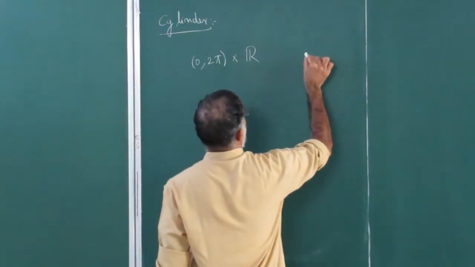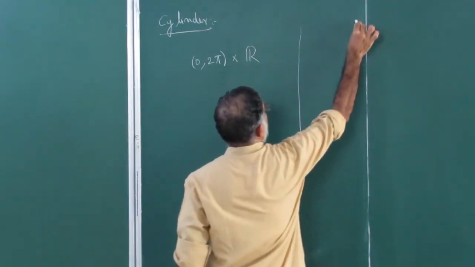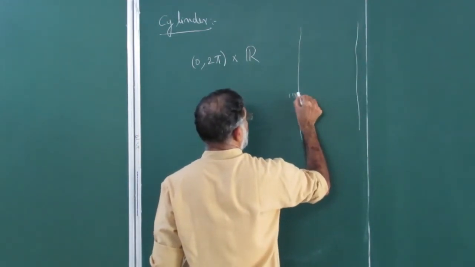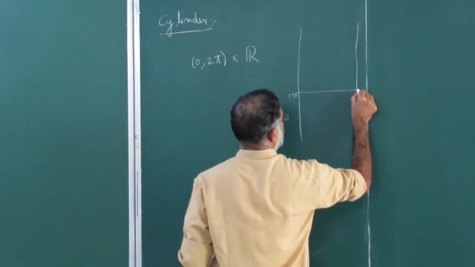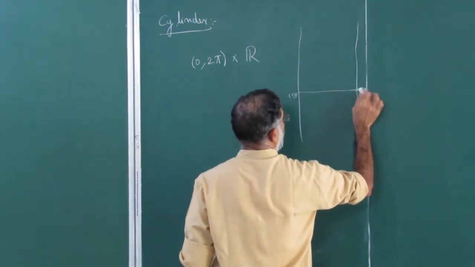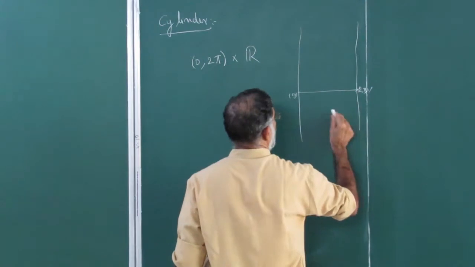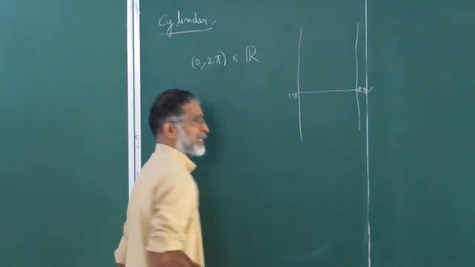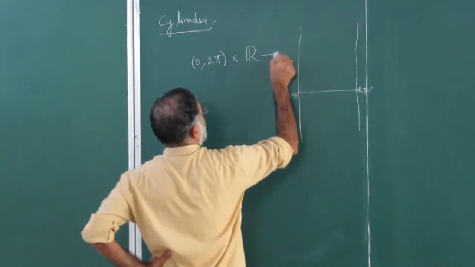Okay, that's fine. So this is your (0, 0), and this is your (2 pi, 0), and you take this sheet and fold it and get the cylinder.